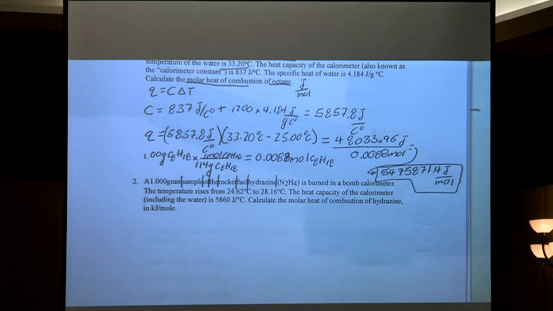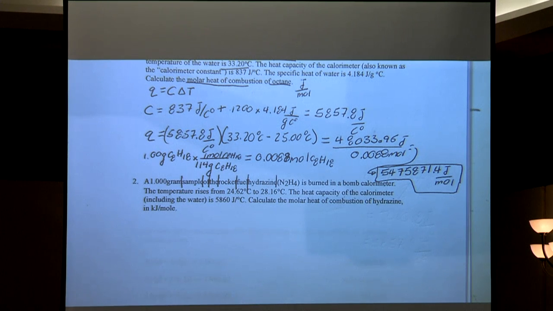A lot of times it is water, in a tank, but it's already calibrated. The amount of water plus the tank is the calorimeter constant, which is the heat capacity of the calorimeter. So it's already calibrated in your question.